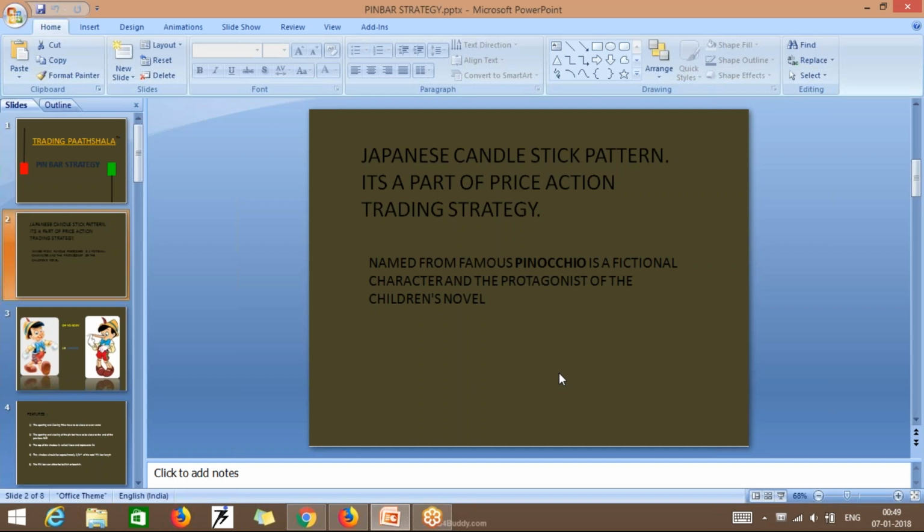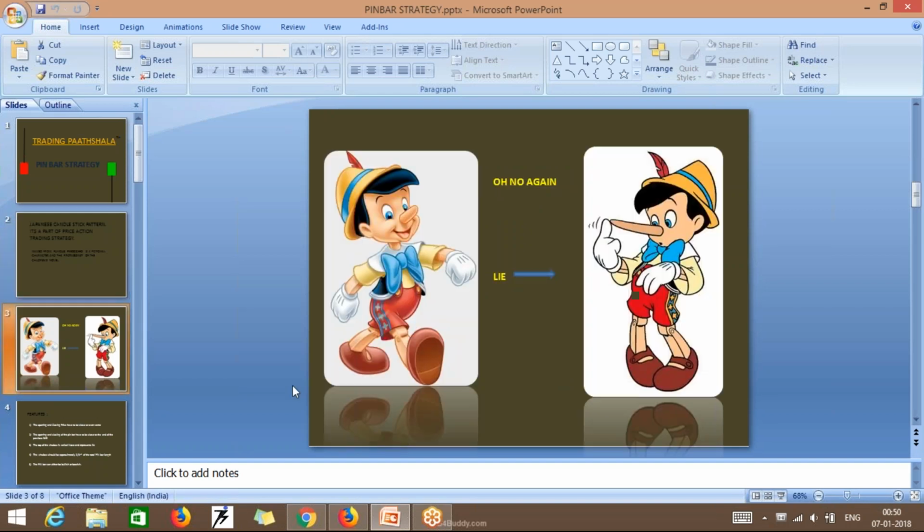It shows that Pinocchio is not telling the truth, he is hiding something. So the Pin Bar strategy is named after this fictional character. You can see in this picture, yes, this is Pinocchio, and whenever he tells lies, his nose grows longer.